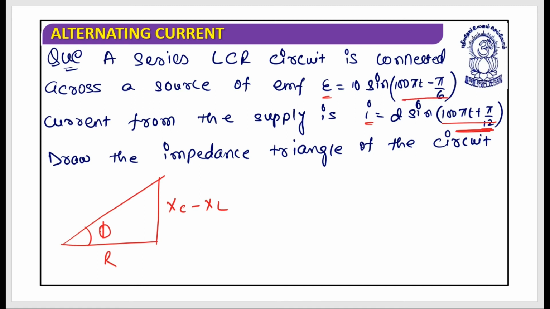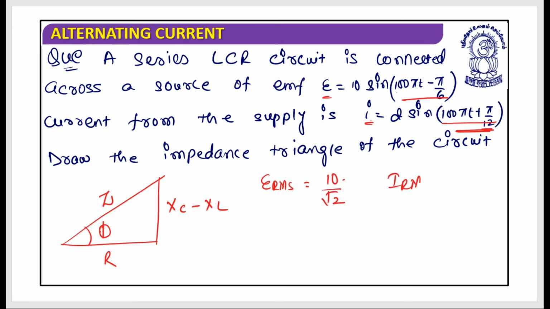So this angle is greater than this. So current is leading the voltage, and if current is leading the voltage, that means XC is greater than XL. If the angles were reversed, I should write XL minus XC. I hope this is clear. Now ERMS is equal to 10 by root 2.